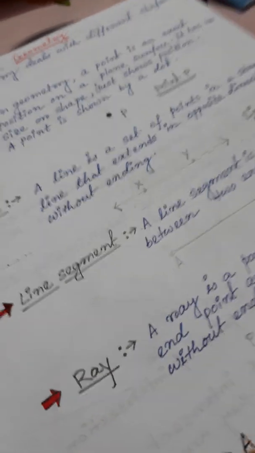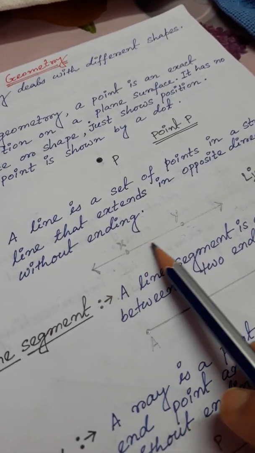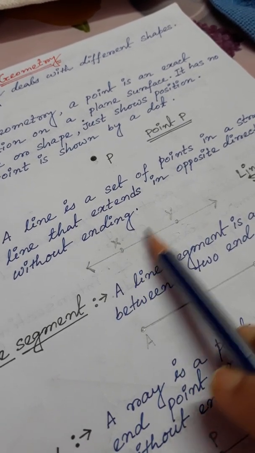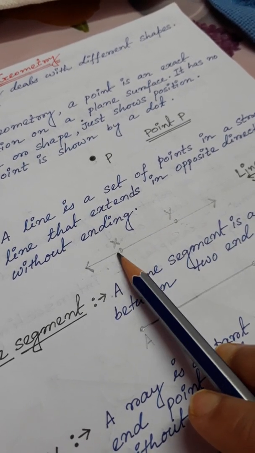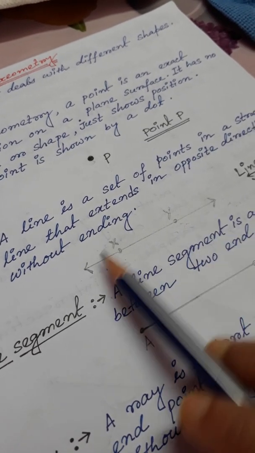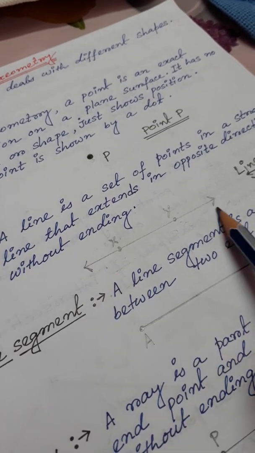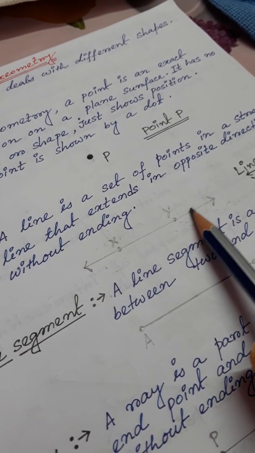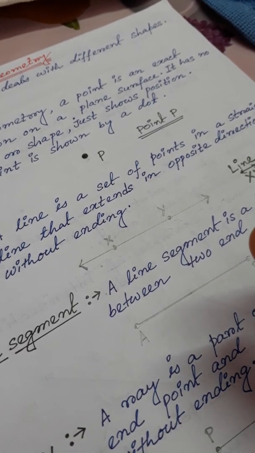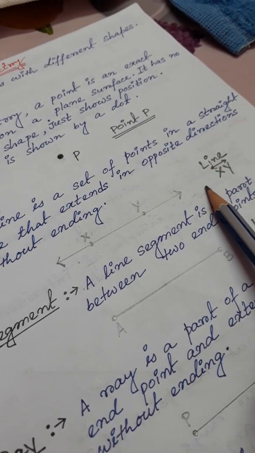Okay, so see here in this diagram, I have drawn a straight line. Inside of this I have taken 2 points. So it is actually a set of points. It is constituted by a set of points. On both sides we have to show this arrow sign because it extends without ending. Okay, so how to represent this line?